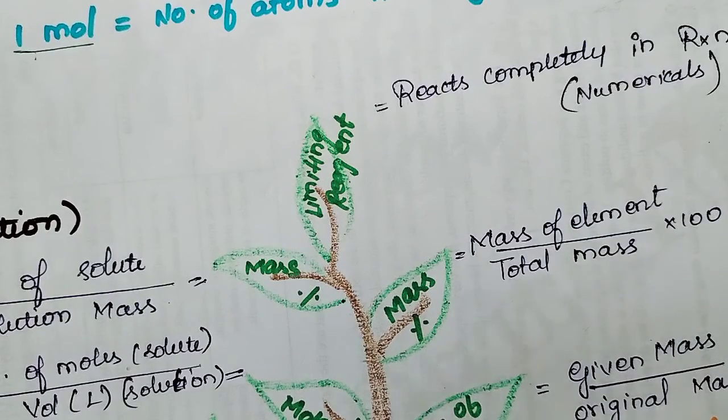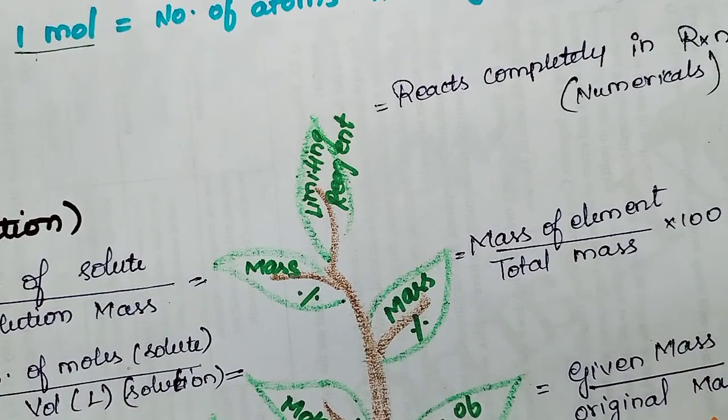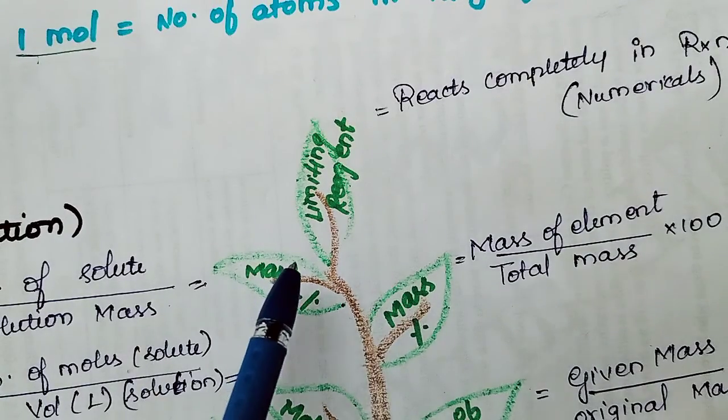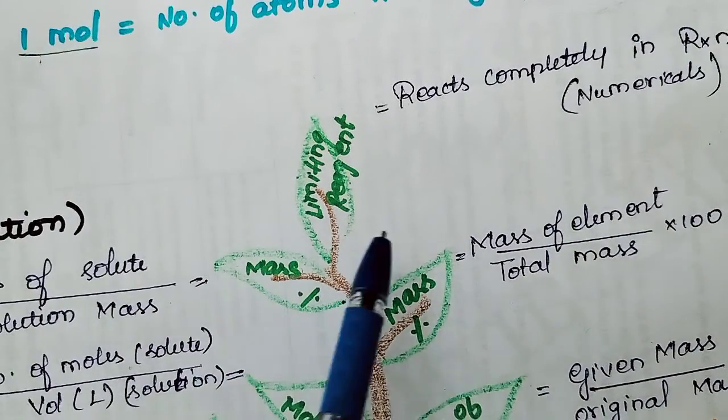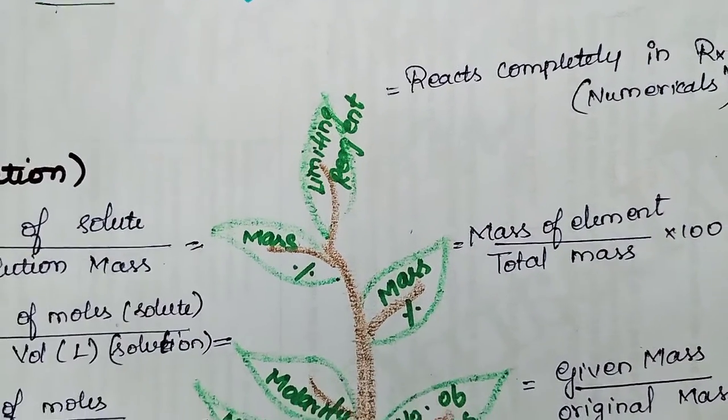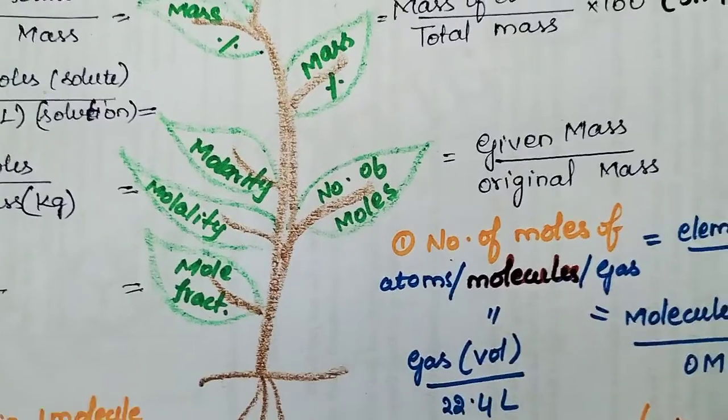Likewise, 1 mole of sodium chloride will contain 6.022 into 10 to the power of 23 formula units of sodium chloride. 1 mole of sodium ions will contain 6.022 into 10 to the power of 23 sodium ions. Likewise, 1 dozen of bananas will contain 12 bananas, 1 dozen of apples will contain 12 apples. Like that only, moles.